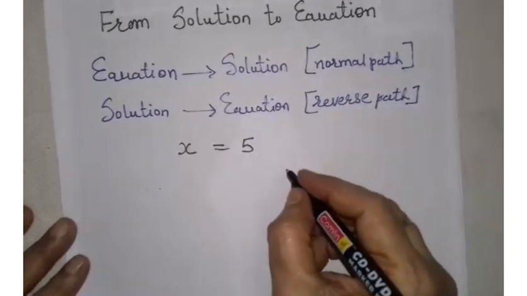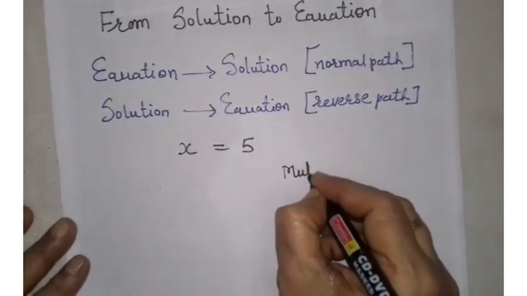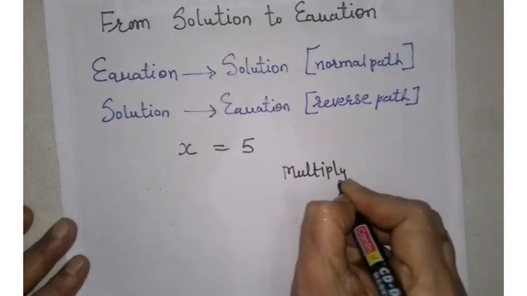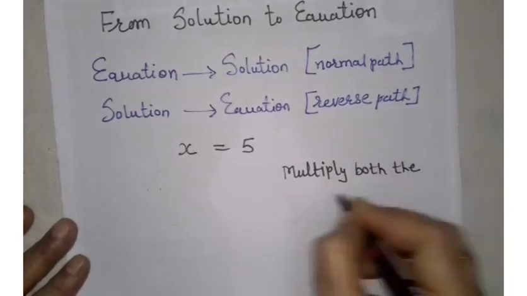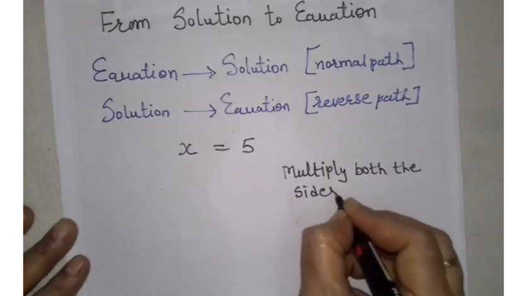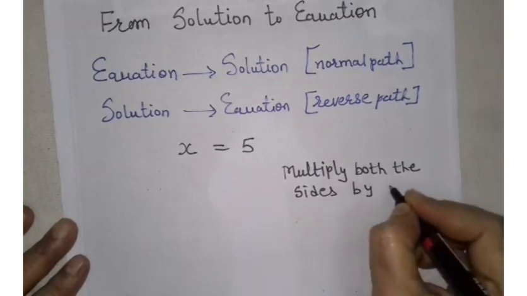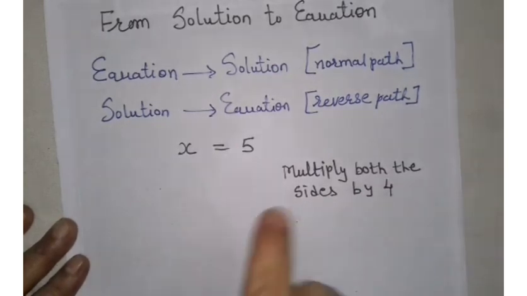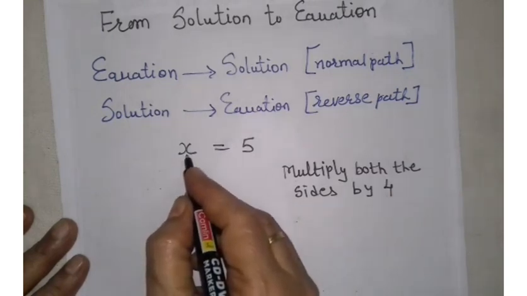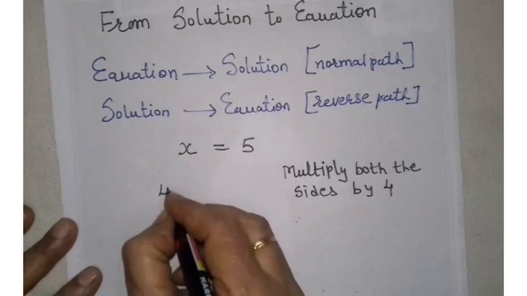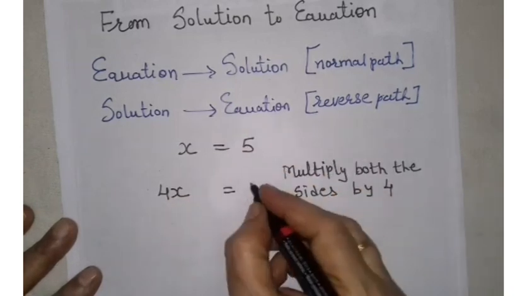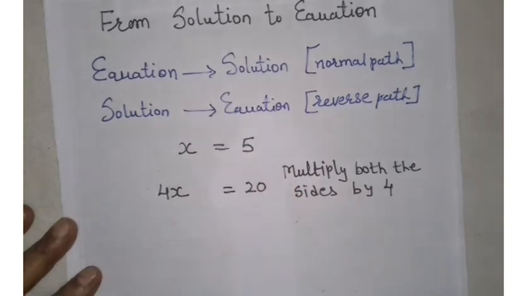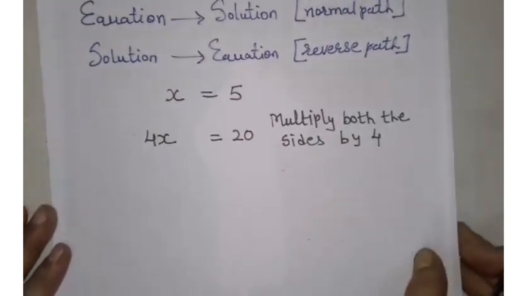So here, let us multiply both the sides by 4. Clear? So if I multiply both sides by 4, I will get 4x, and that is equal to 5 fours are 20. Clear?